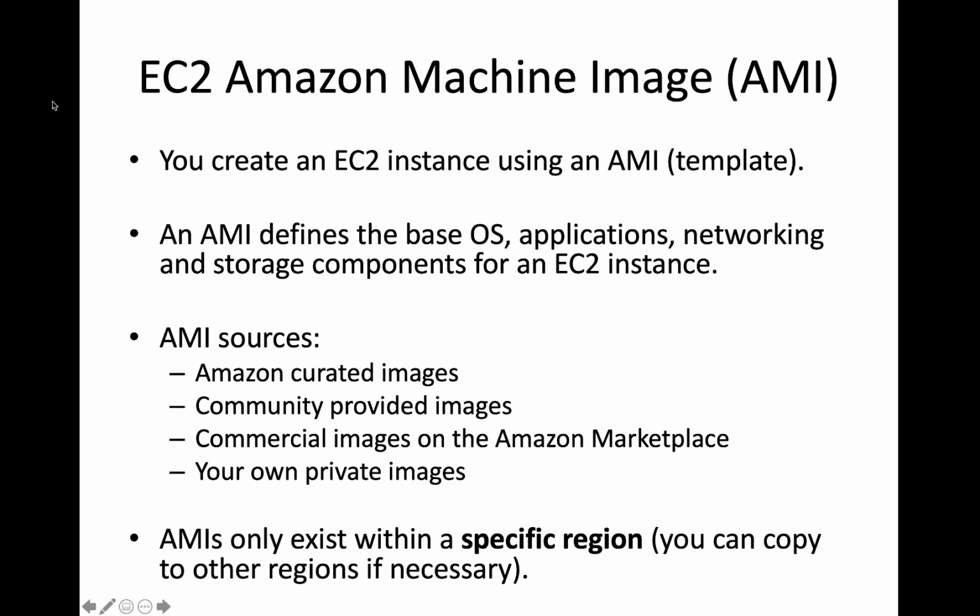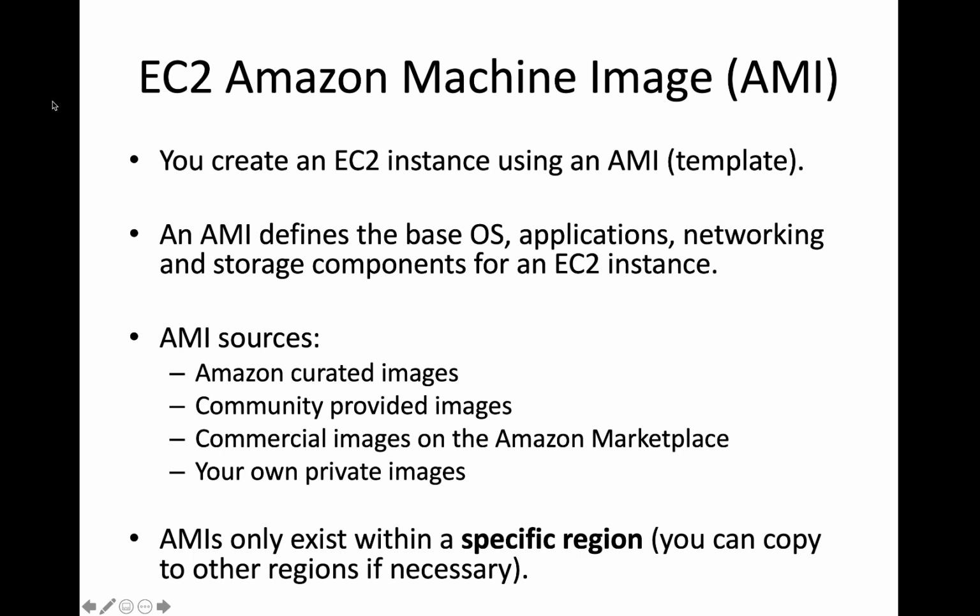So, remember with S3, that's also a regional service, but our S3 data is replicated to multiple availability zones. That's not the case with EC2. When we stand up an EC2 instance, we're standing up one single virtual machine that's running on a physical server somewhere in a single availability zone within a single region.